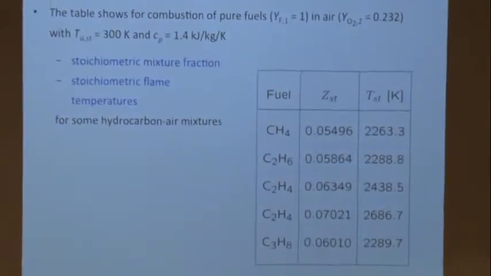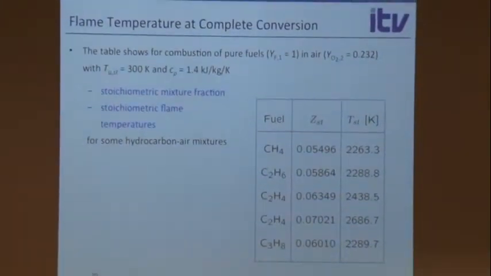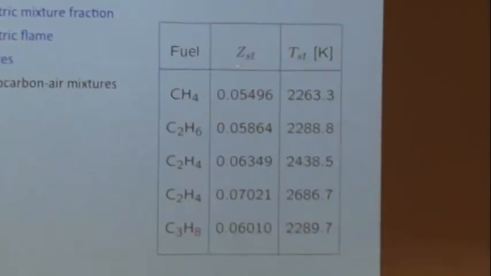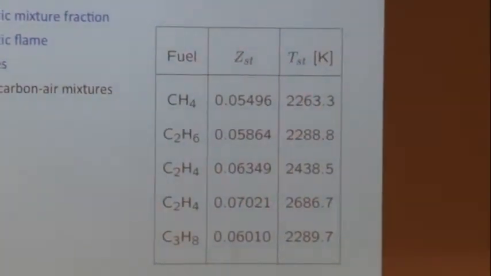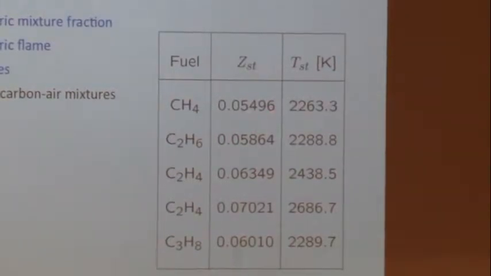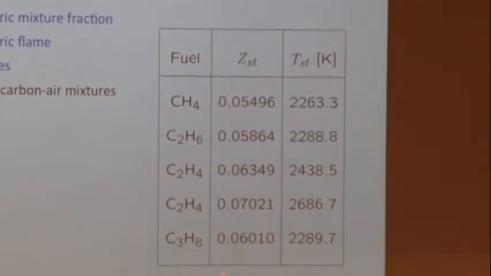Right, I wanted to ask you one more question, I forgot. This is just a table of different fuels, the stoichiometric mixture fraction, for combustion with air, and you see they're all very similar, 0.05 to less than 0.1. And the stoichiometric temperature here, 2,200 something. The true equilibrium temperature is more like 2,220 for methane, 2,223.